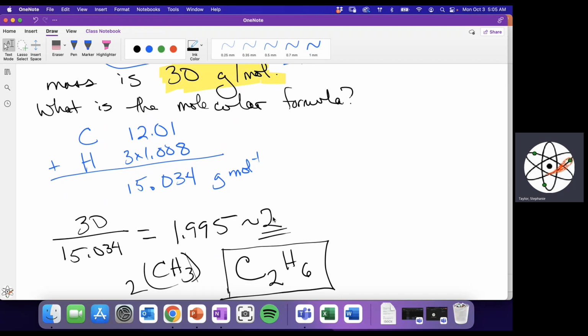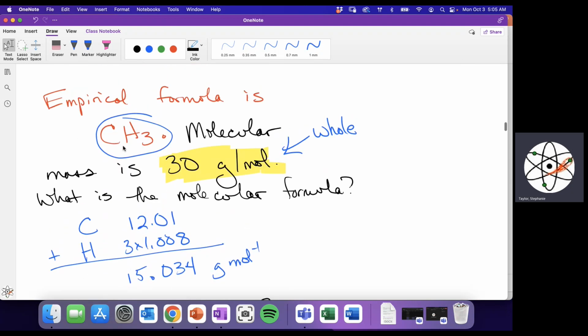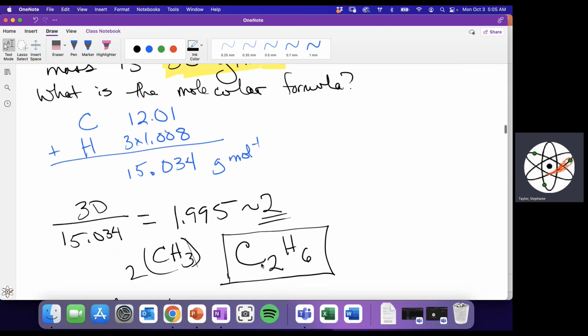And yes, it should be a whole number, because your empirical formula is given as all in whole number ratios. So 1 carbon, 3 hydrogens, whole numbers. When we're looking for a molecular formula, we should still be in whole numbers. So we still expect to report a certain number of atoms of carbon to a certain number of atoms of hydrogen.